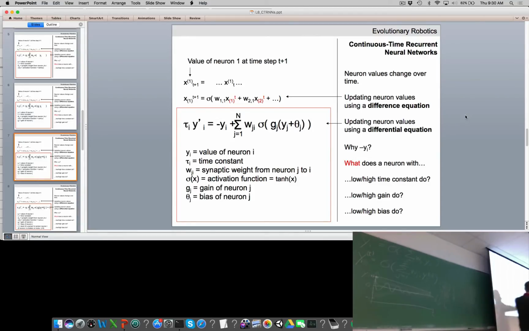If a given neuron has a positive bias, it's usually in the excited state, right? Even if nothing else is influencing it, its default value is usually positive. It's staying up. A neuron that has a negative bias, if nothing else is going on, will tend to decay towards and stay at some negative number, right?